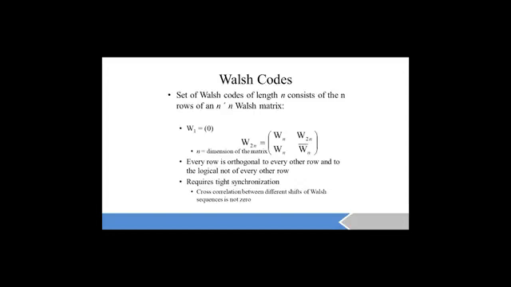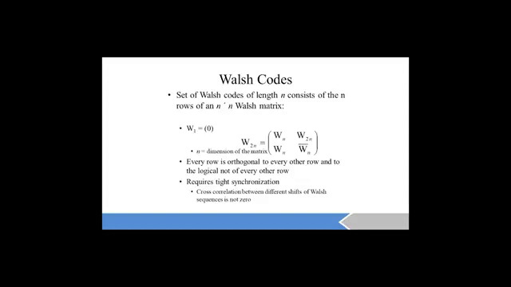Walsh codes are the most common orthogonal codes used in CDMA applications. A set of Walsh codes of length n consists of n rows of an n by n Walsh matrix.